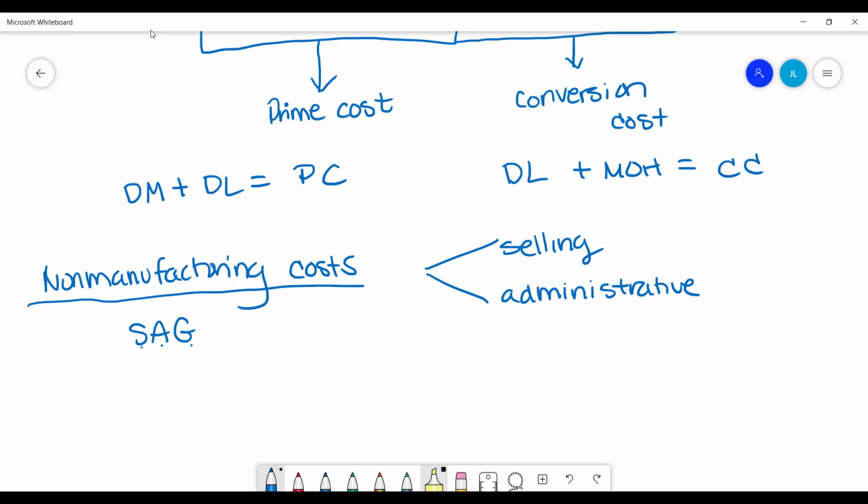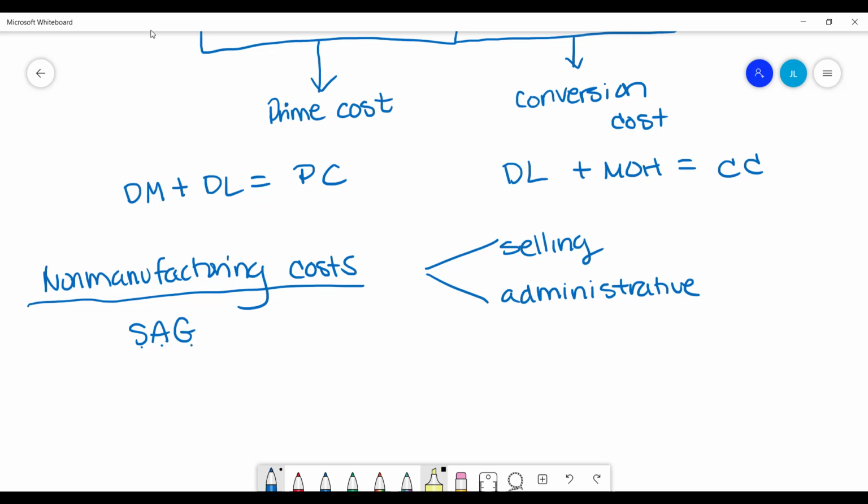Like the salary of those working at the head office, any kind of clerical positions, secretary salaries, and so on and so forth. And a bit later in this video, we'll briefly touch on how these are treated differently than manufacturing costs when it comes to financial statements and financial reporting.